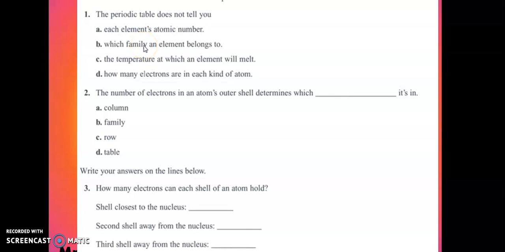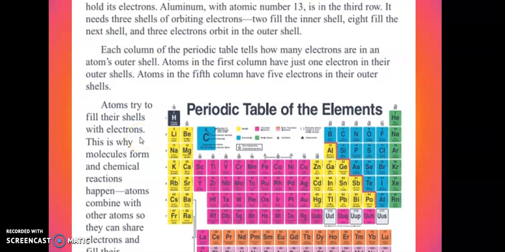Let's read the question. The number of electrons in an atom's outer shell determines which: column, family, row, or table? Each column of the periodic table. You are going to read, everything is in here, okay?